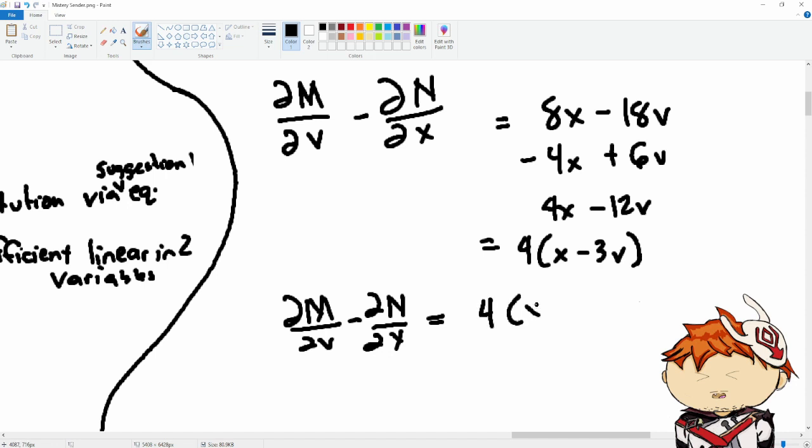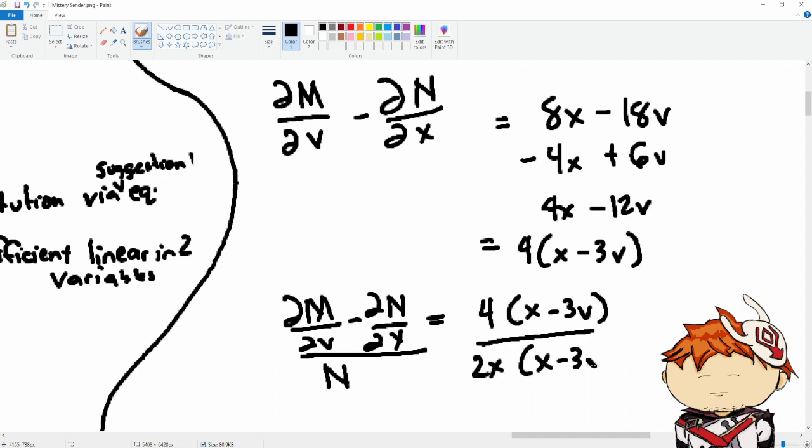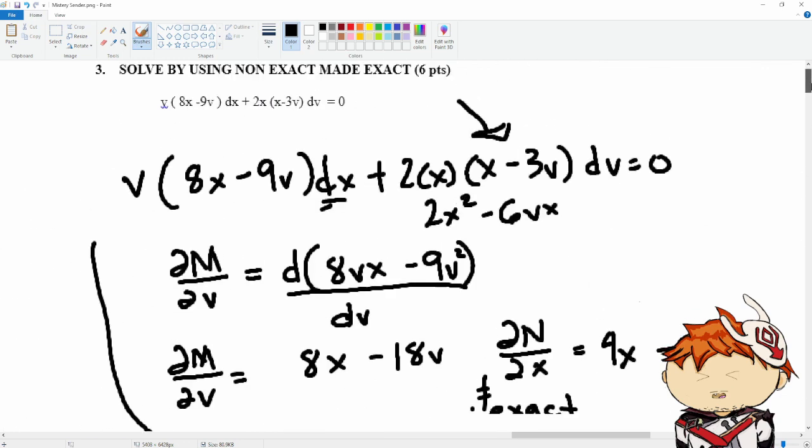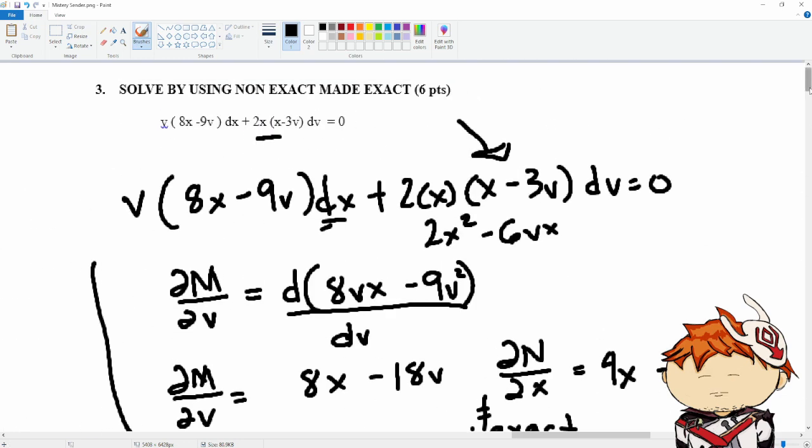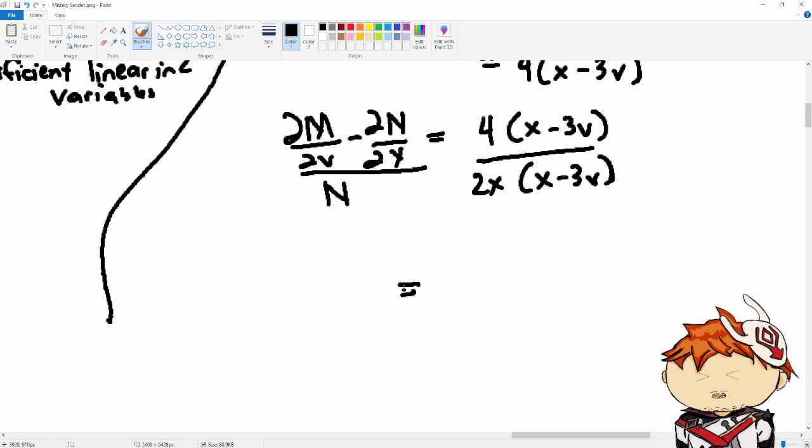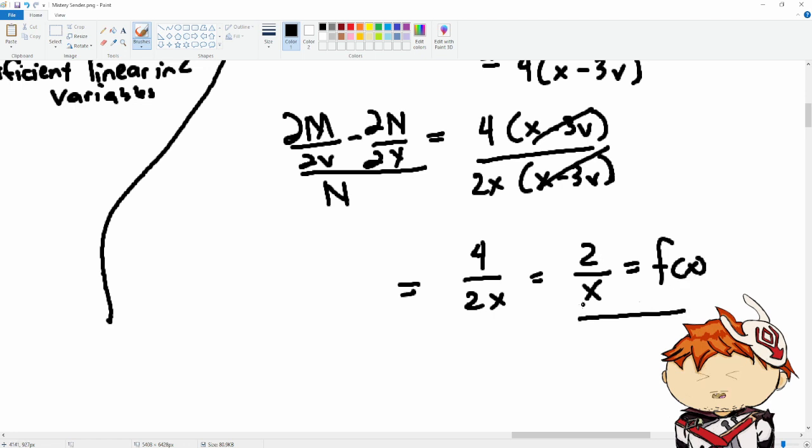So that's 4x minus 3b divided by n, which is 2x squared minus 3bx. So that will become, cancel x minus 3b, 4 over 2x, or 2 over x. And that is f of x. Take note, your f of x is now x only variable. It only contains x.